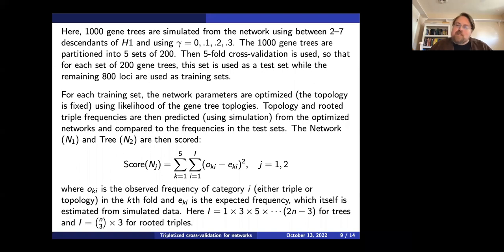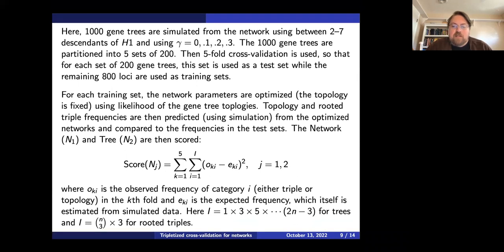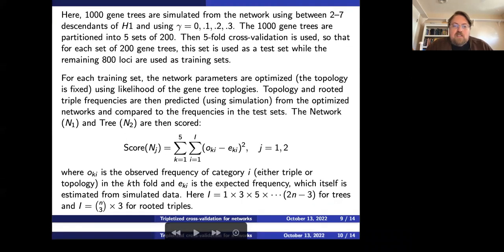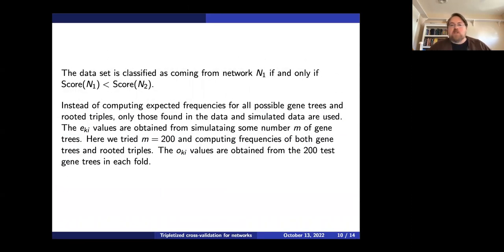And ideally, we'd like an algorithm that will scale to larger cases. Okay, so depending on the score, you choose which network. Whichever network gets the lower score indicates a better fit.